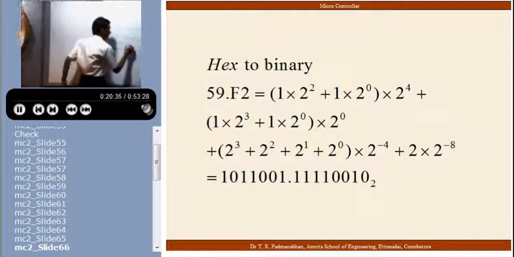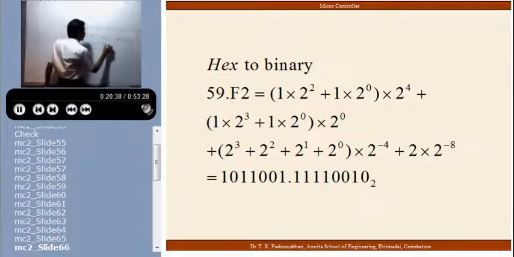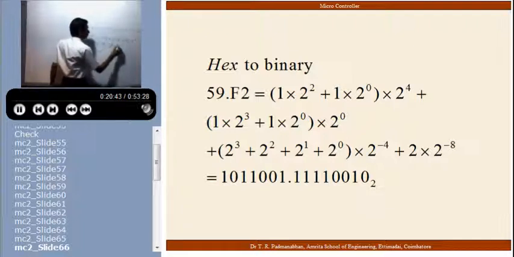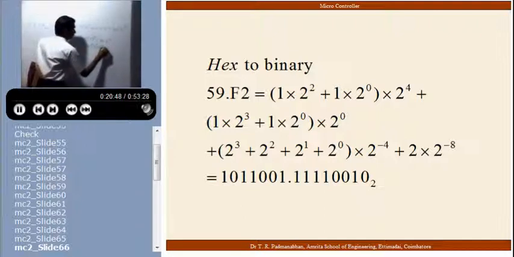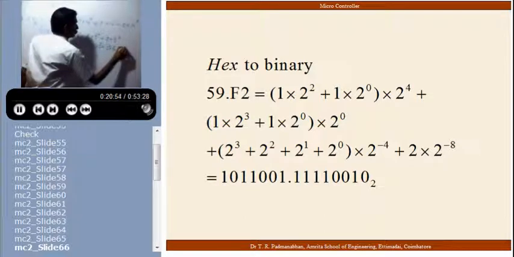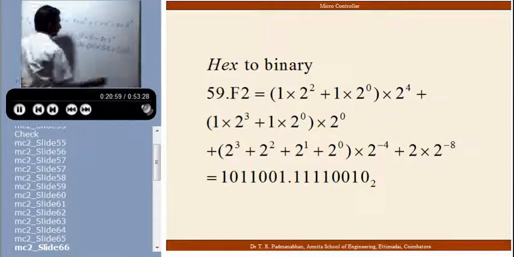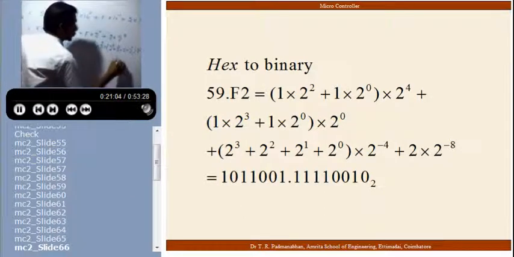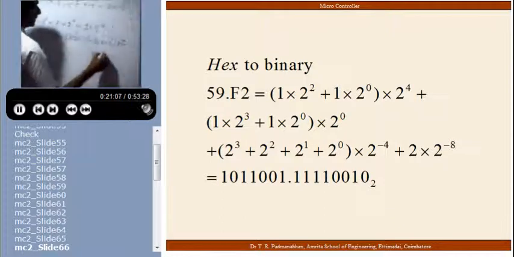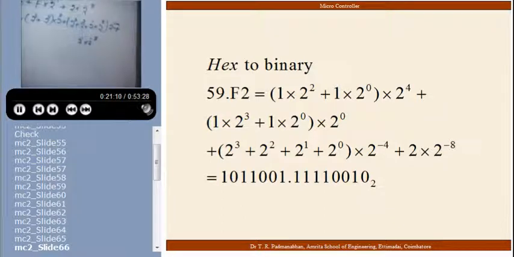So 9 is actually 8 plus 1, which gives 2 raised to 3 plus 2 raised to 0, into 2 raised to 0, plus 2 raised to 3 plus 2 raised to 2 plus 2 raised to 1 plus 2 raised to 0, multiplied by 2 raised to minus 4, plus the last one, 2 raised to 1 into 2 raised to minus 8. I'm sure I bungled somewhere. I'm wondering where. We will see.